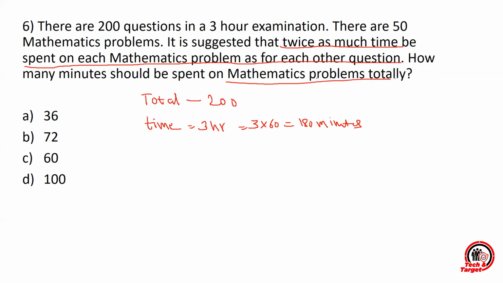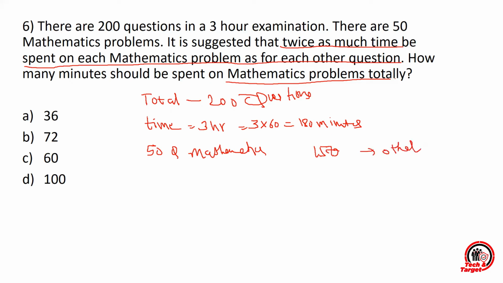So what happens here? The trickiest part, if you try to understand what they say: first of all, there will be 200 questions, out of which 50 questions are on mathematics, and the remaining questions, that is 200 minus 50, which will be 150, are on other subjects.